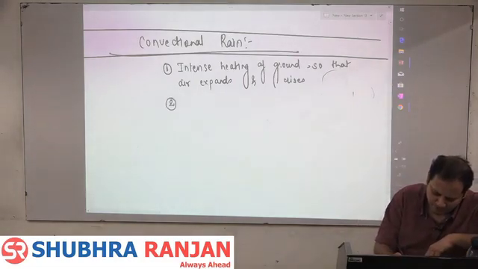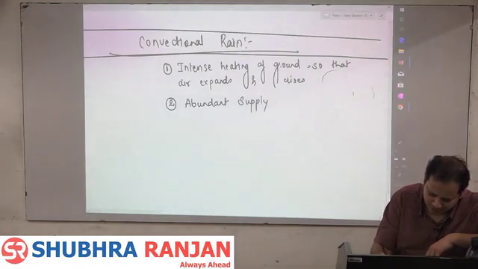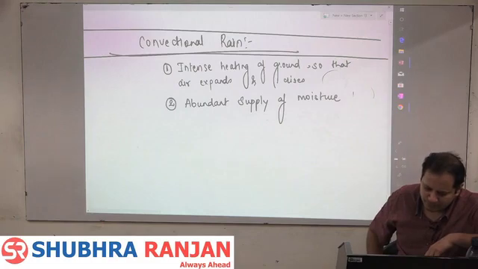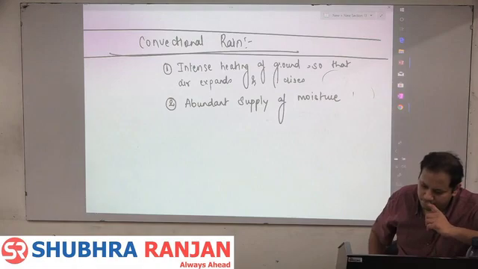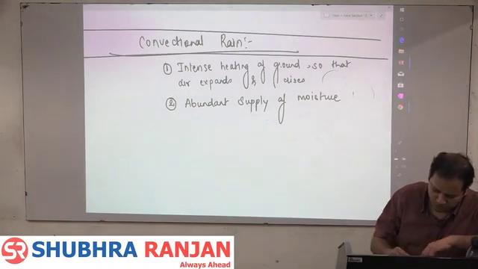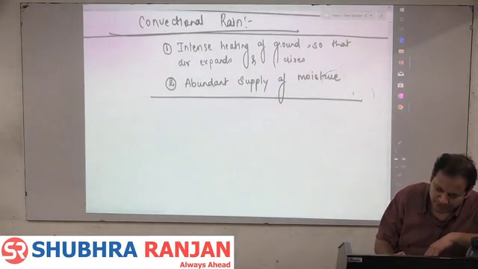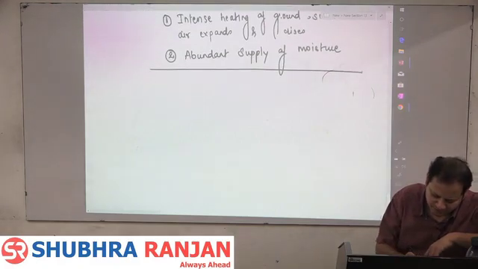Second, abundant supply of moisture. We are going to write the answer slightly different from GS.